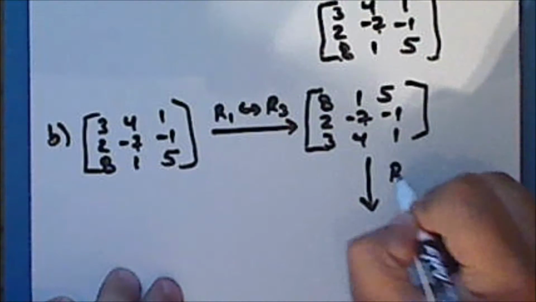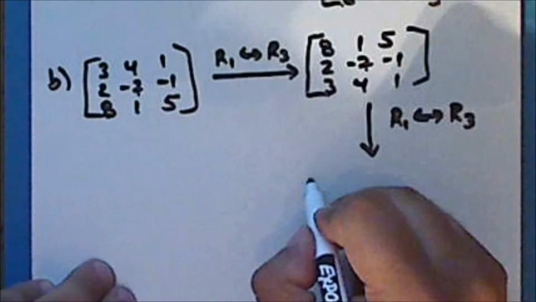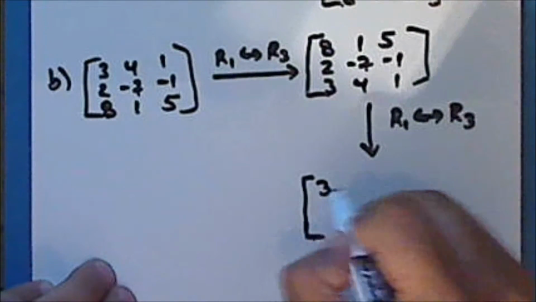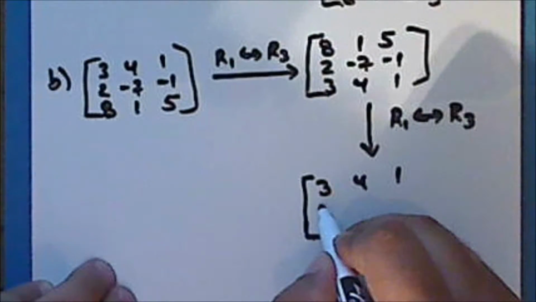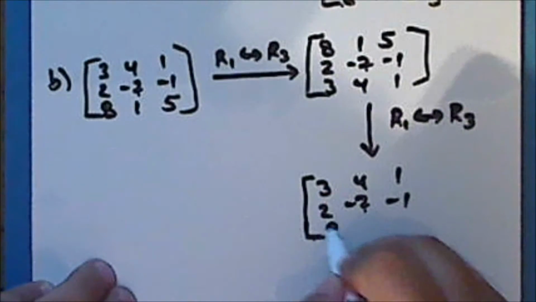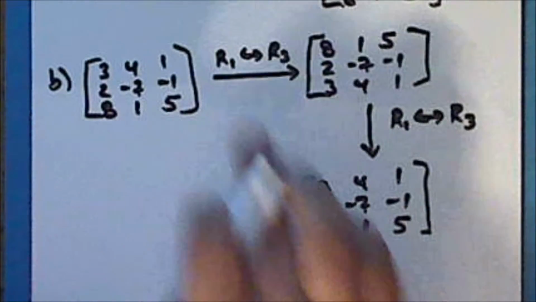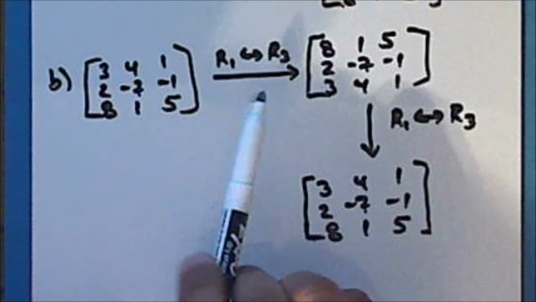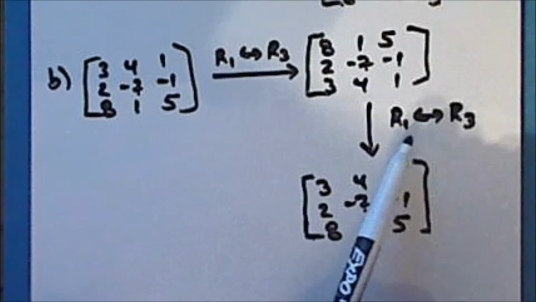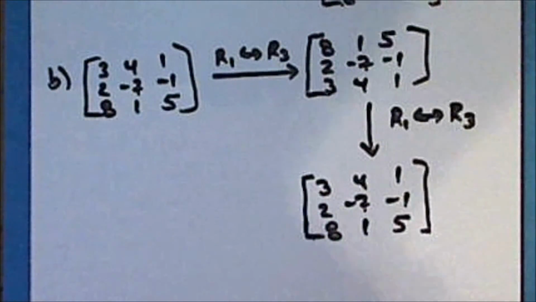And if we once again interchange rows 1 and 3, then row 1 is 3, 4, 1. Row 2 does not change, 2, -7, -1. And row 3 is 8, 1, 5. And so by performing the interchange of two rows and following that with the interchange of the same two rows, we once again obtain the original matrix.